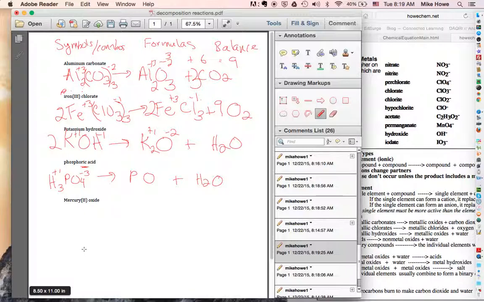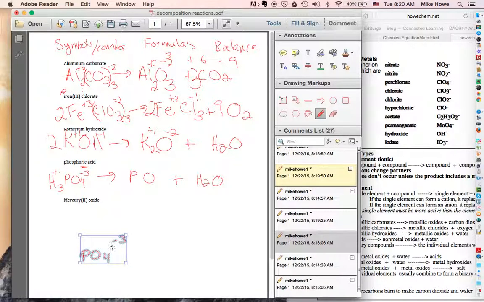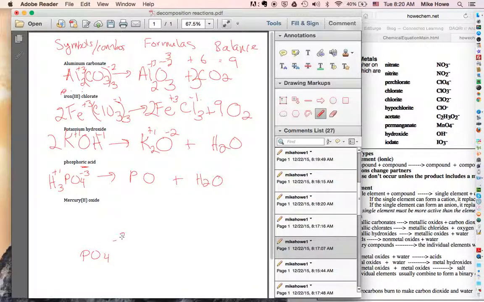So let's take a quick look at the phosphate ion. Down here, the charge on phosphate is -3. In a polyatomic ion, the sum of the oxidation states needs to equal the charge on the ion. We know that oxygen is -2, and there are 4 oxygens in this ion, so we get a -8 total oxygen charge.